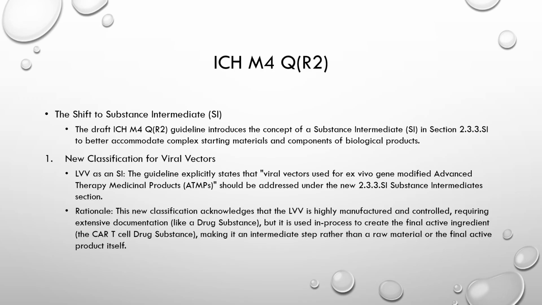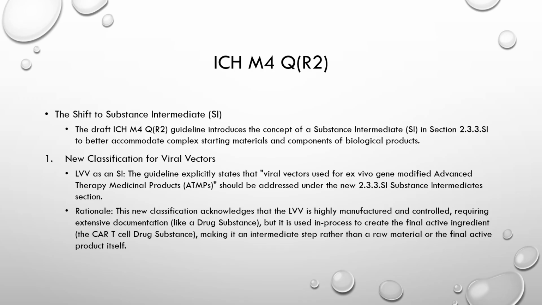So this part of the presentation is on the ICH M4, and as I said in the previous slides, because I integrated this presentation into that original presentation, it might be a repeat.